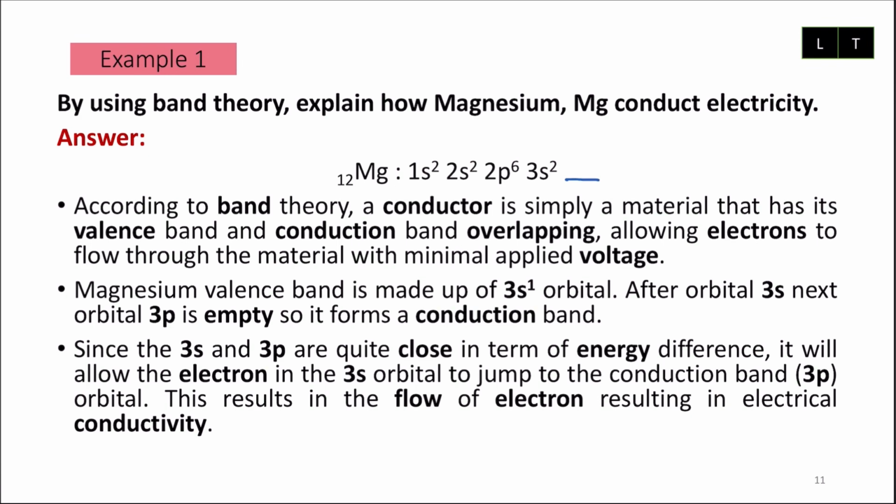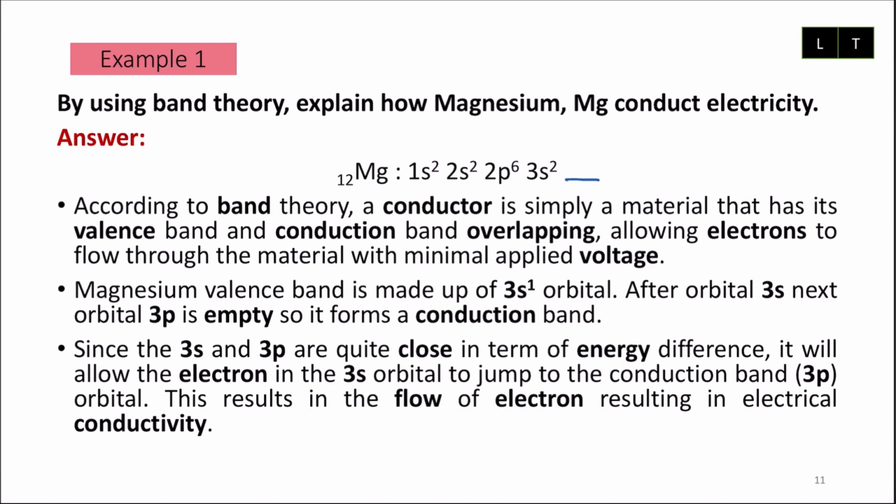That is why dalam proses conductivity ini, electrons dalam 3s orbital akan dapat green light untuk jump ke arah conduction band 3p orbital. This is where ada flow of electron resulting the electrical conductivity.